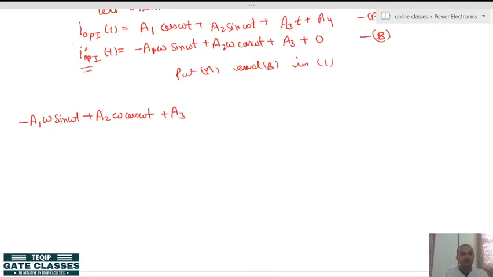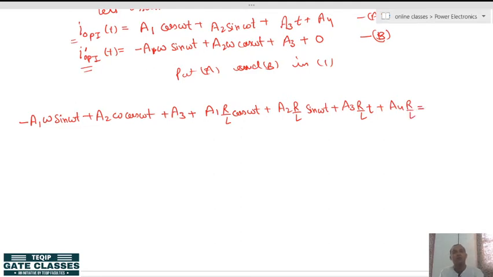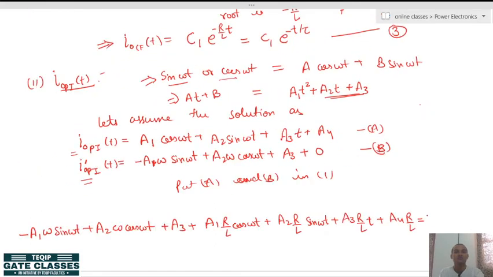Now write this value plus, now this value was multiplied with R by L. So a1 R by L cos omega t plus a2 R by L sin omega t plus a3 R by L t plus a4 R by L is equal to Vs by L minus E by L. And what is Vs here?